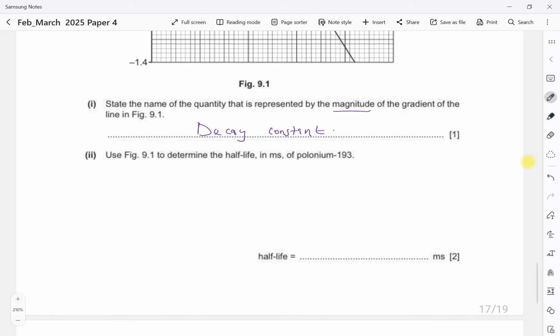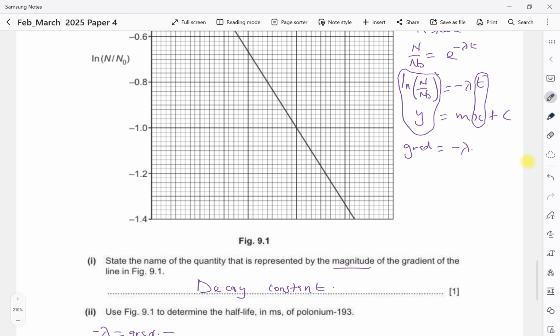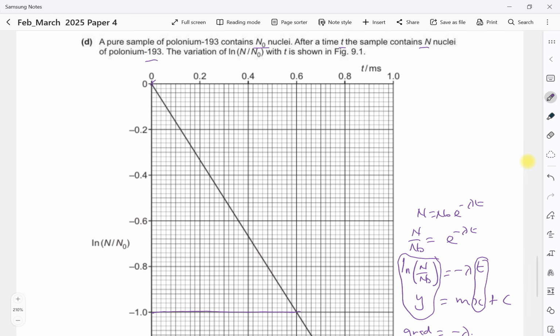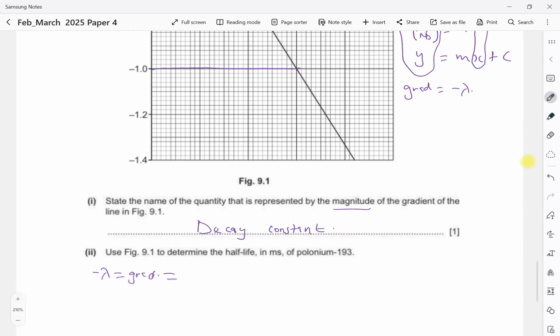Use figure 9.1 to determine the half-life in milliseconds of polonium-193. So we have said that the negative decay constant is the gradient. Let me just take the starting point, which is (0, 0), so that gives me a gradient very easily.